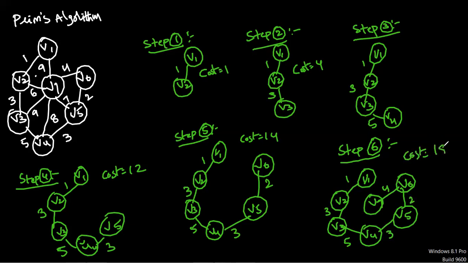Here the cost is 18: 1 plus 3 plus 5 plus 3 plus 2 plus 4. So here we have visited all the vertices V1, V2, V3, V4, V5, V6 and V7 without forming a loop. So the total cost of the minimum spanning tree is 18.